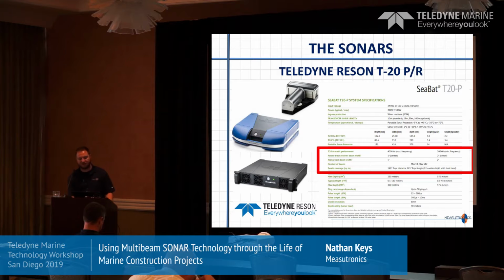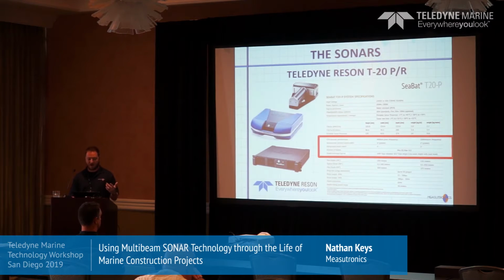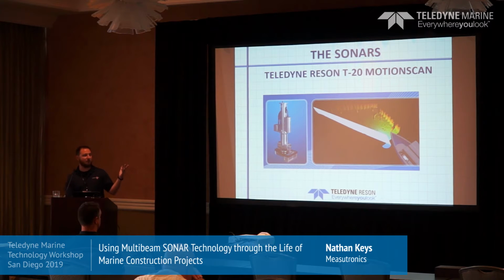The other one we use is the T20, and so it's sort of the little brother of the T50. A little bit bigger beam size, but it's also a little smaller, a little bit more compact. So this one, we're still getting all the same bottom tracking algorithms, the same clean data coming out, but it's a little bit smaller, and so with this one, we're able to actually put it on a pan and tilt as well. Looks something like that, and so it gives us that same freedom with the BlueView.